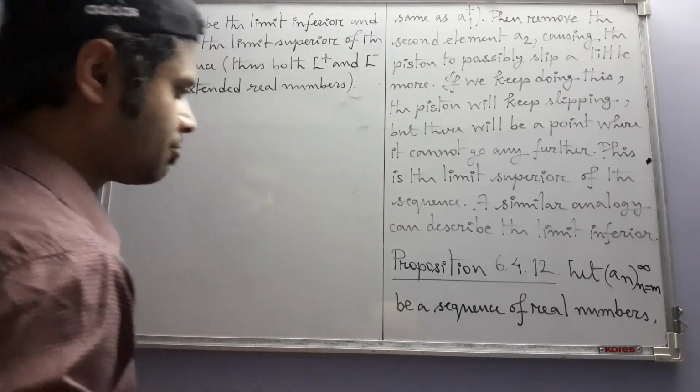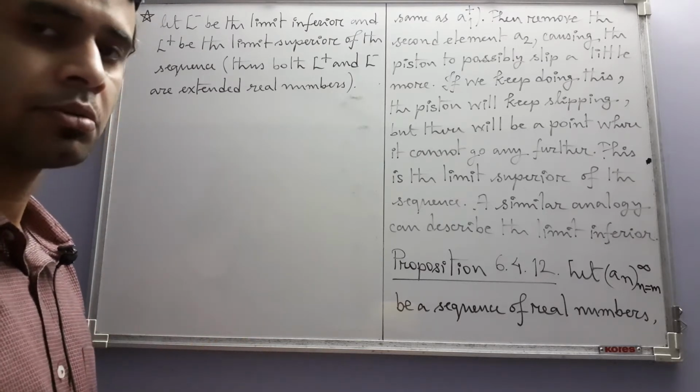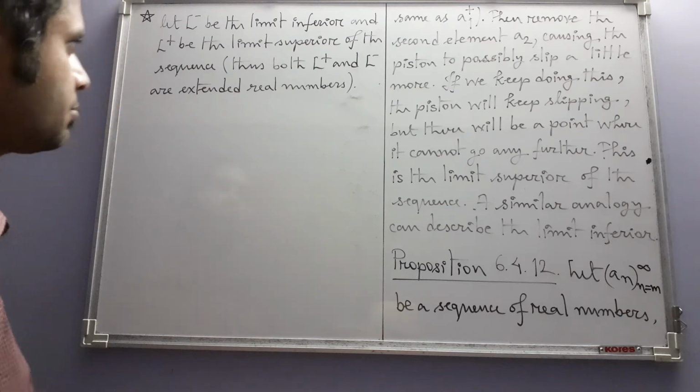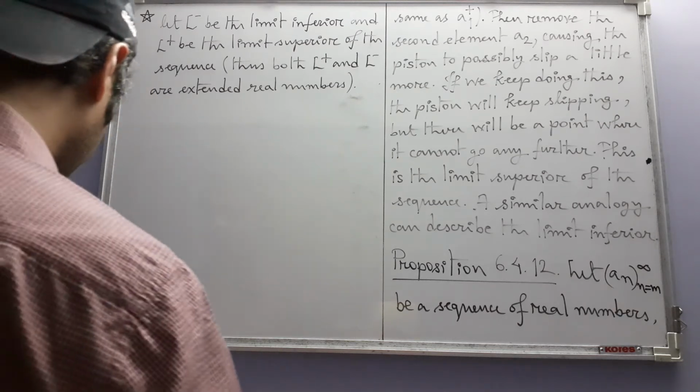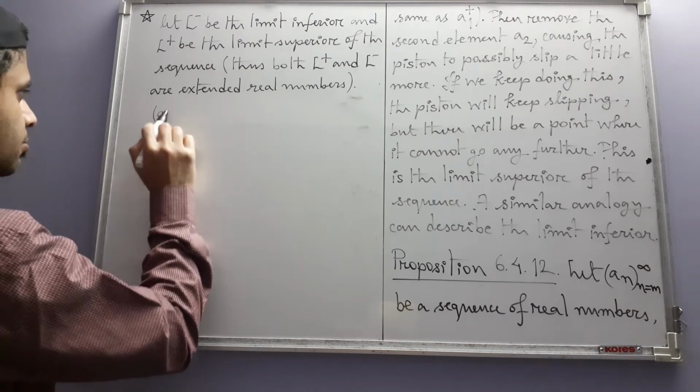That is, we should not forget that these quantities may be plus or minus infinity, any one of them. They are not always real numbers. Okay, then the following things are true.